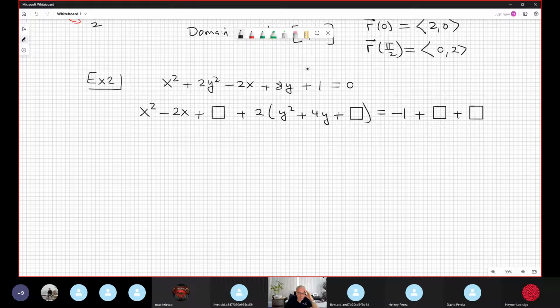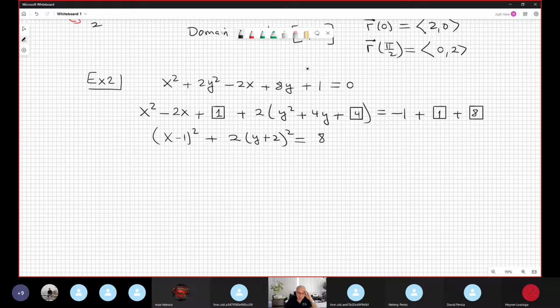And the number to complete the square here is 1, it's obvious, here 4. You put 1 here, and you put here 4. 4, no, 8. 8 because it's 4 times 2. The factorization of this trinomial is x minus 1 squared plus 2 times y plus 2 squared equal 8.